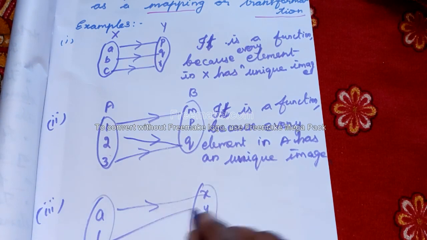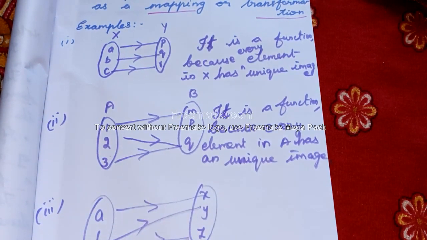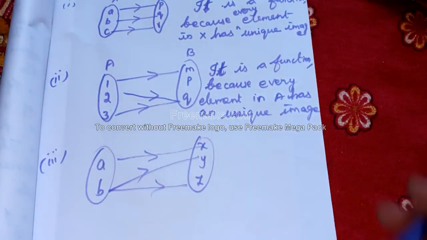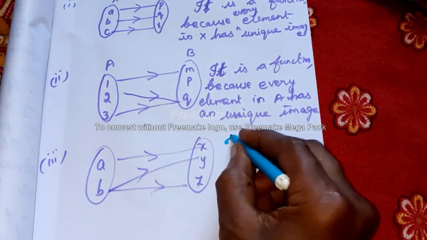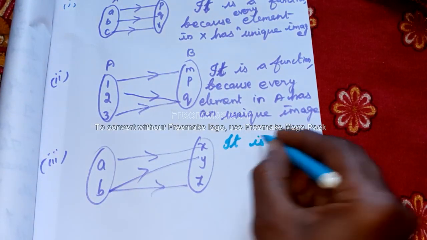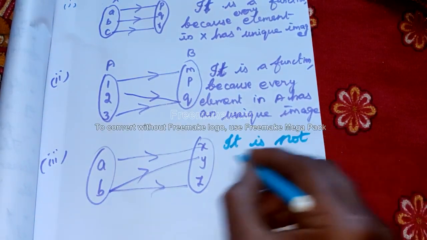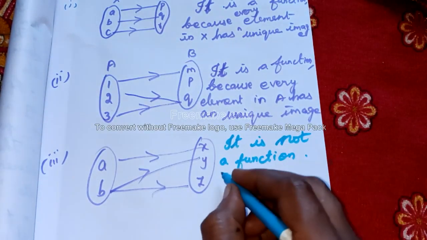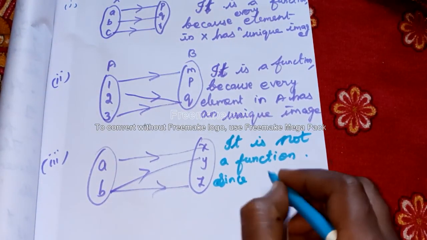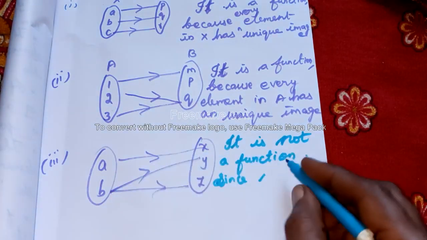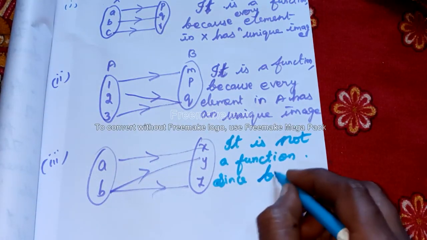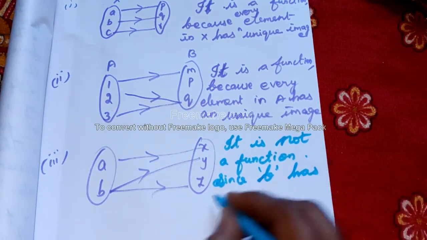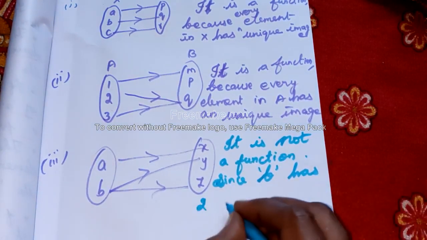Why is it not a function? Since the element B has two different images. So it is not a function. One more example.